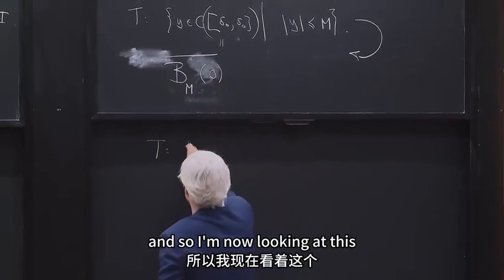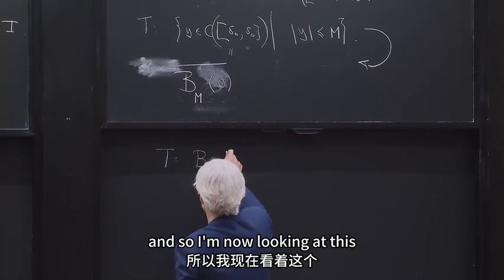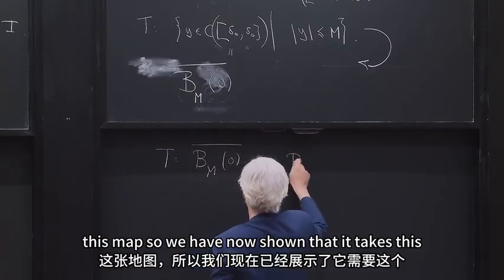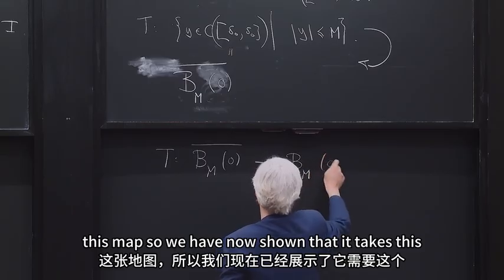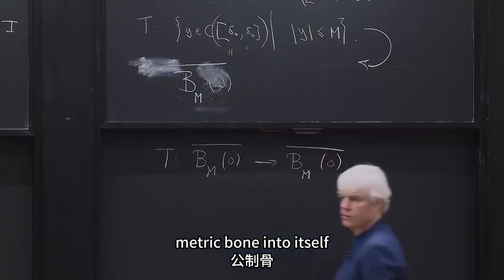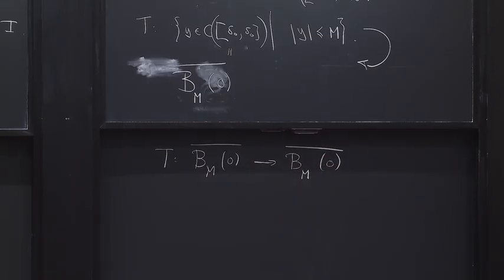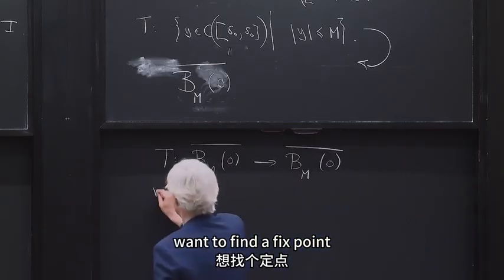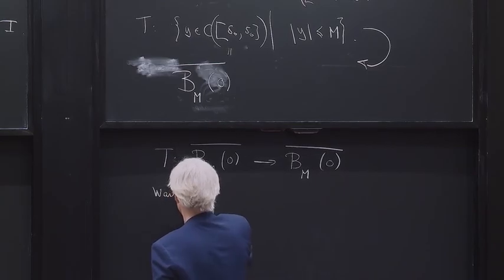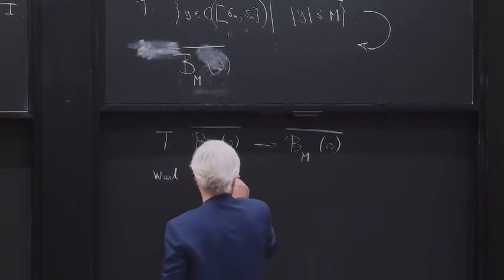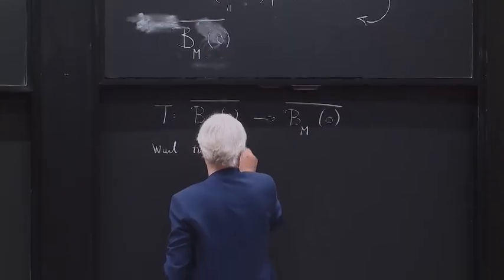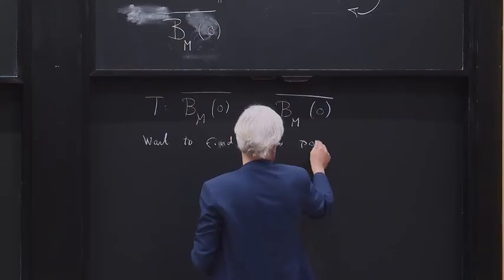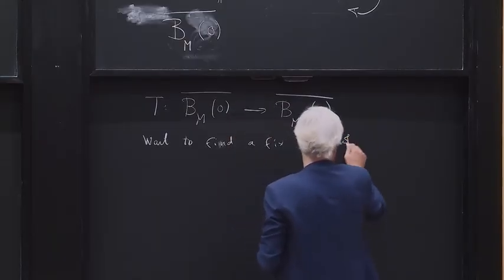And so I'm now looking at this map. So we have now shown that it takes this metric ball into itself, okay? And I want to find a fixed point of T.